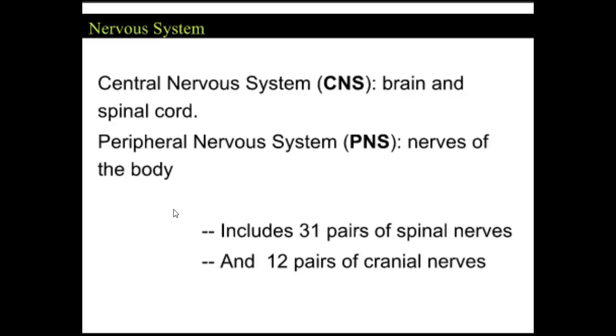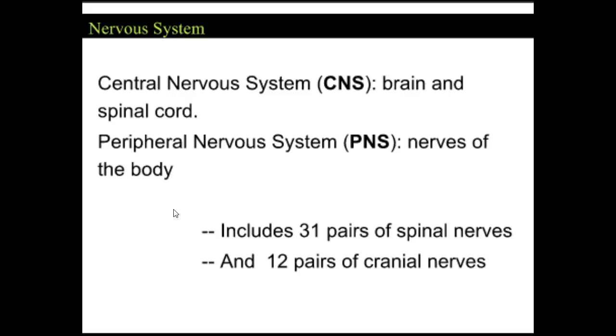Okay, so we're going to talk a little bit about the nervous system in general as a big whole. We'll talk more about that next week, so I'm just going to touch on it a little bit here. The central nervous system is composed of the brain and the spinal cord. Our brain and our spinal cord, when we talk about the central nervous system, it's just that.